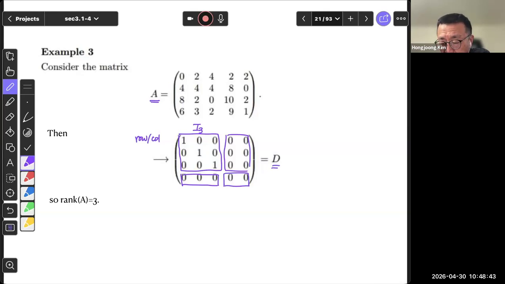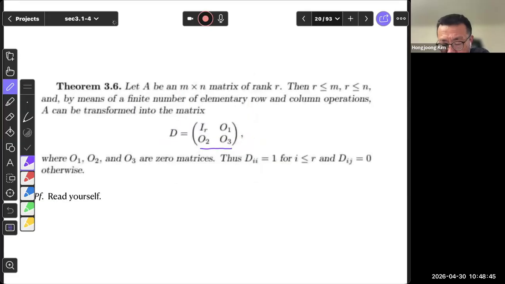So given any matrix, by performing some elementary row or column operations, you can transform your matrix into a D matrix which has an identity matrix in the upper left corner, and all the others are zero matrices.